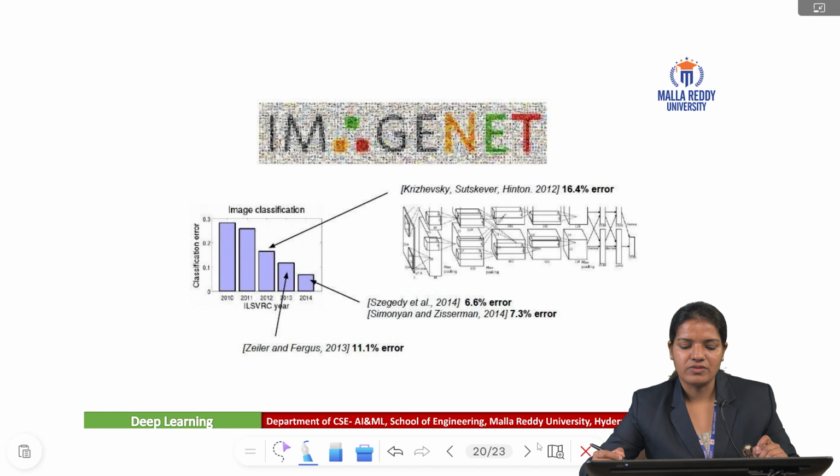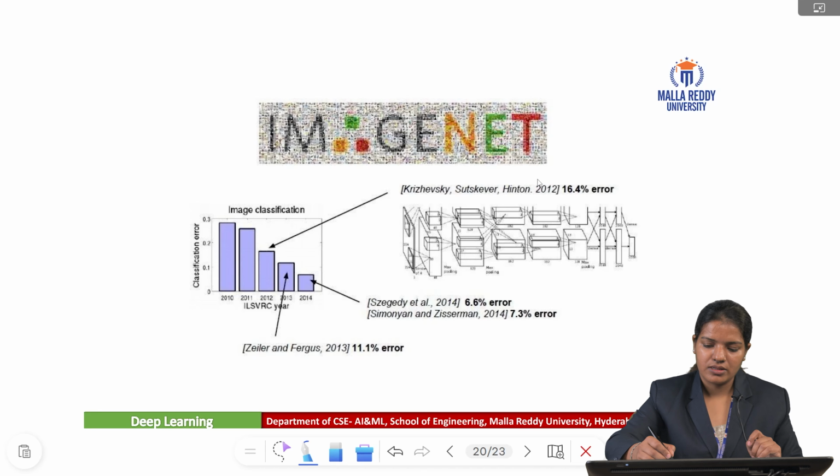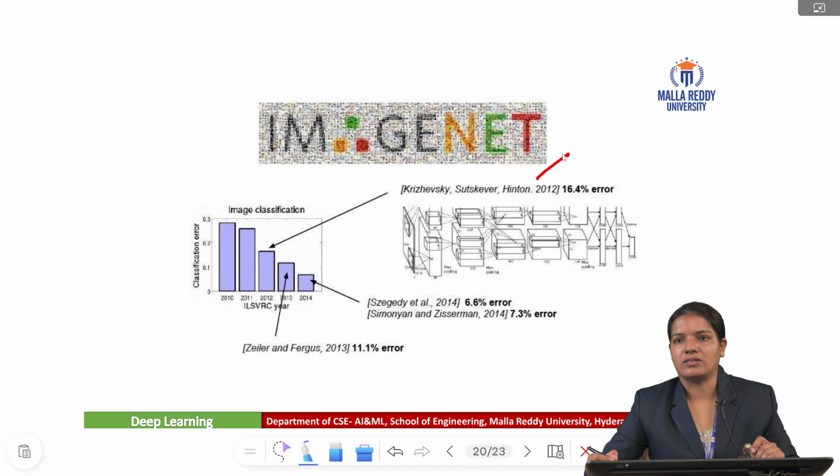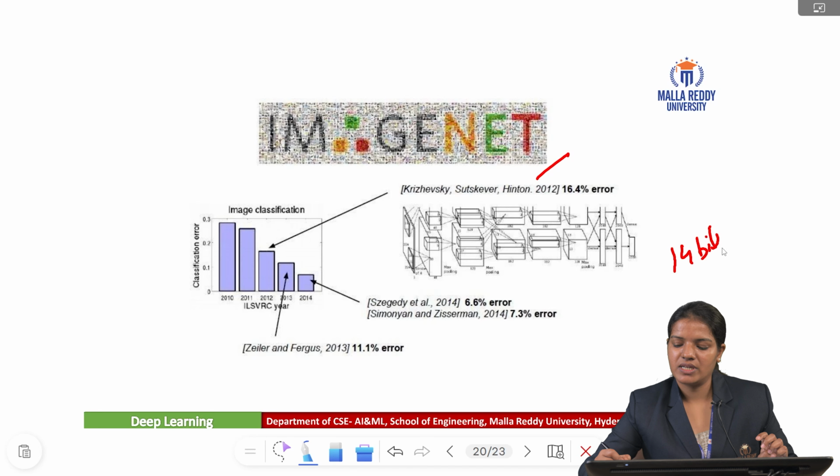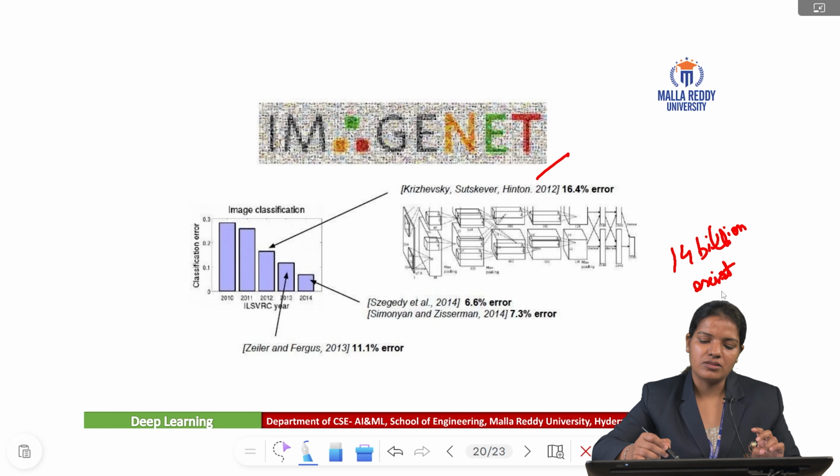These types of networks are trained using ImageNet. ImageNet is a dataset where approximately 4 million images exist. Most deep learning models are trained on this ImageNet dataset.